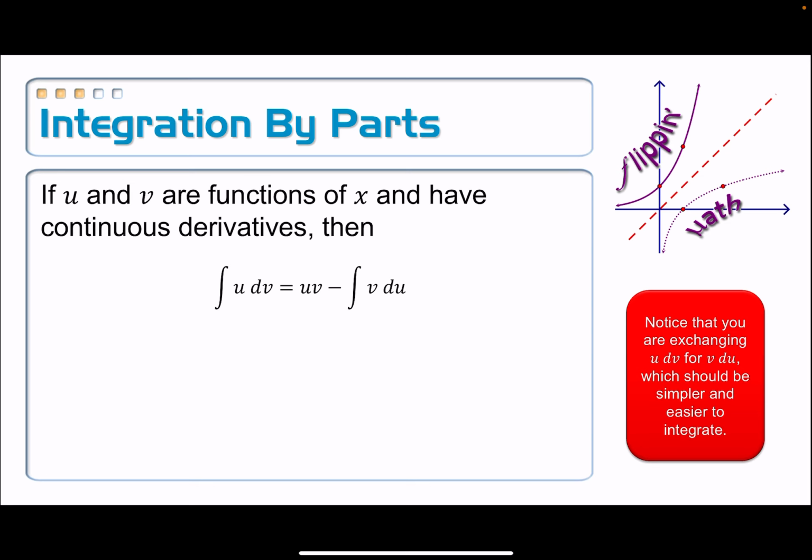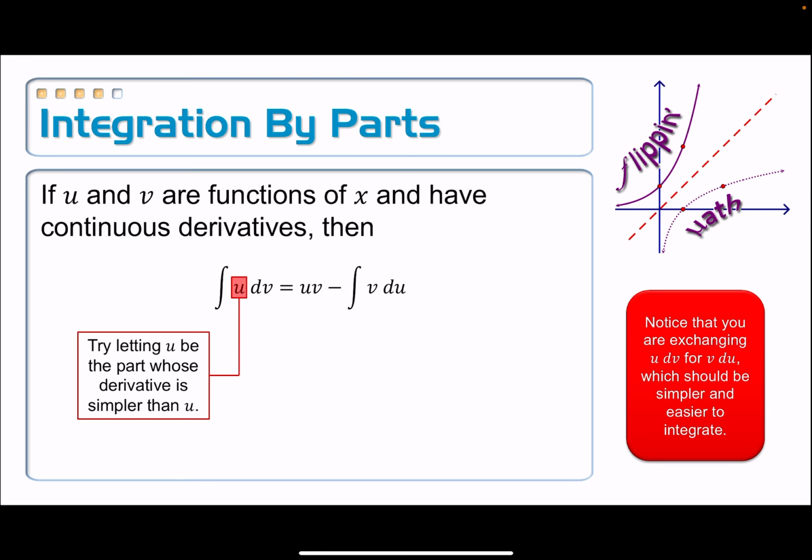So I'm going to have to do the same kind of thing: which part should be u, which part should be dv? My suggestion is to let u be the part whose derivative is simpler than u, because our first step is to take our u and take its derivative. And then we're going to let dv be the more complicated part.